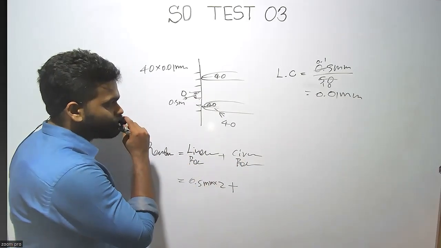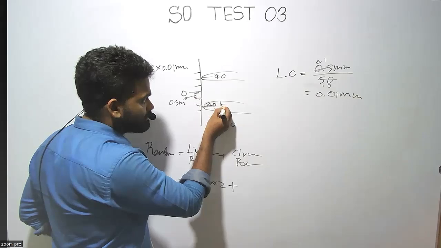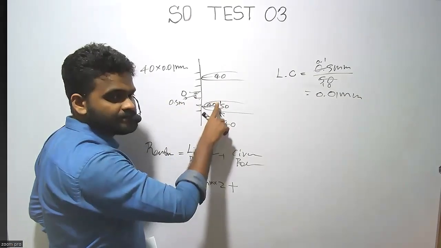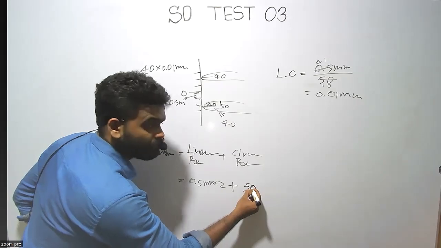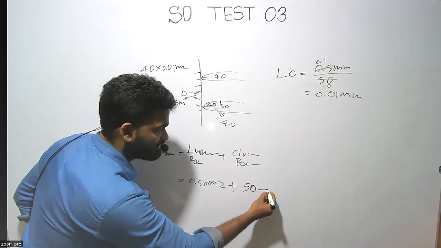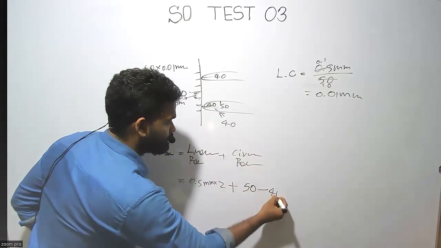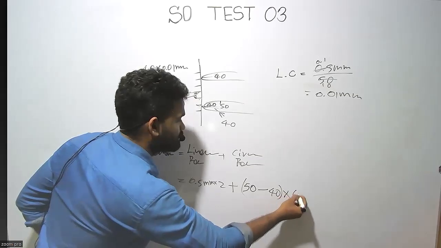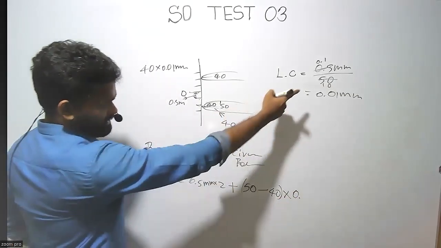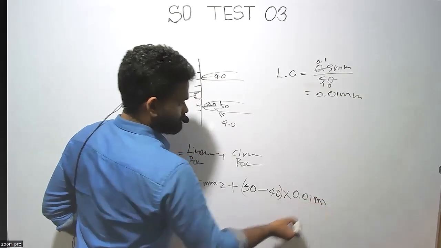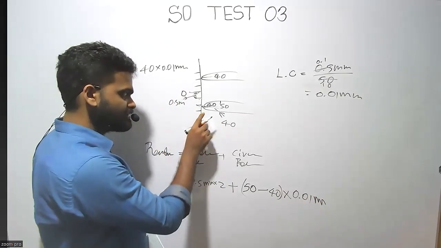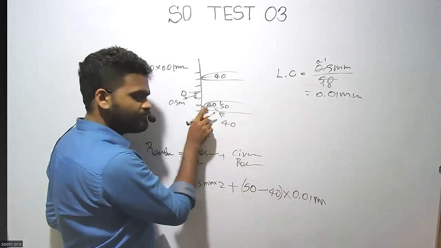So what do you have to do? We know that this is divided into 50 parts in the circular scale. Number of parts in the circular scale minus coinciding point, times least count. So here you are not just multiplying least count by 40, right?